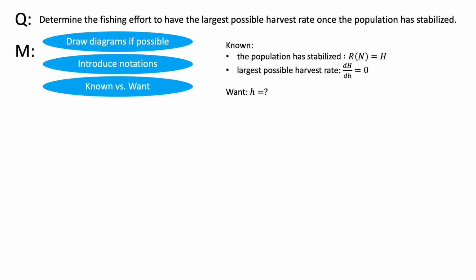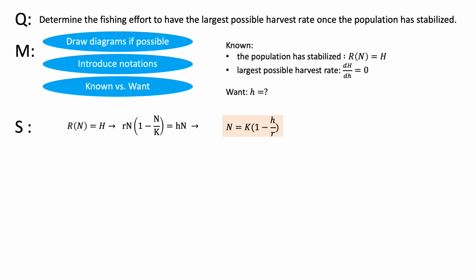Now the third step, we solve this math problem. From the first fact, R of N is equal to H, we have the following equation by replacing R of N and H by their formulas. From this equation, we can solve for N as a function of small h, the fishing effort.